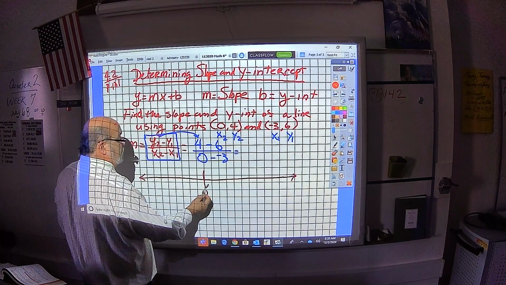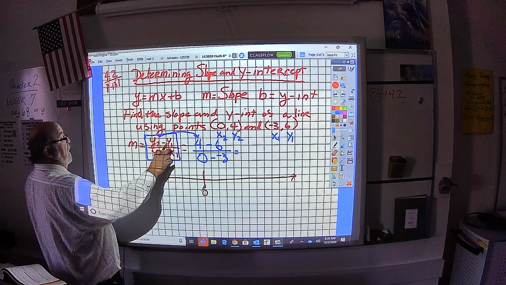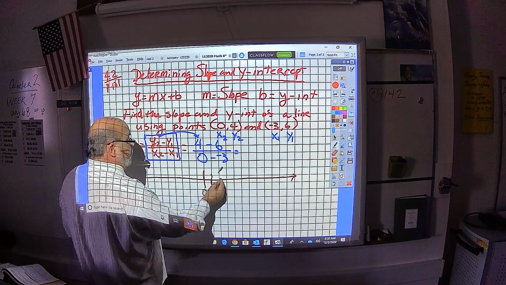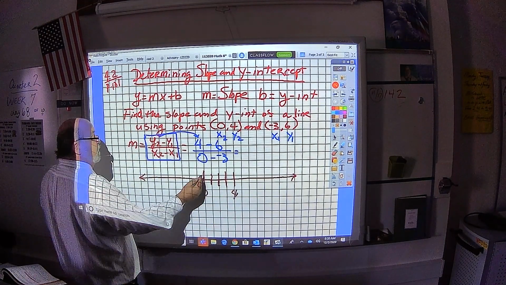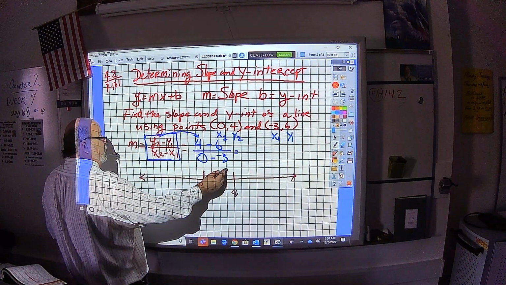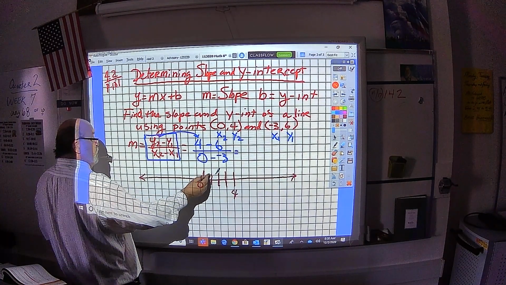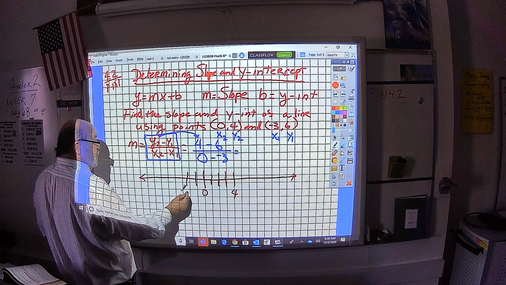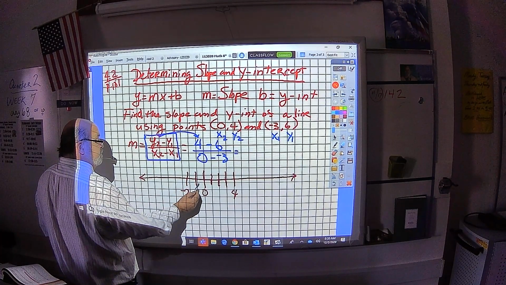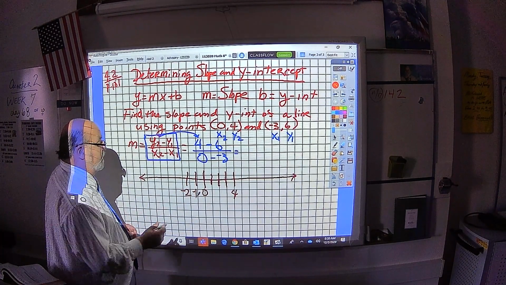Here's 0, and I'm going to go 4, 1, 2, 3, 4, and I'm going to subtract 6. So I can go 1, 2, 3, 4, 5, 6. That's going to be -2, right? Just a reminder that that's how this thing works.